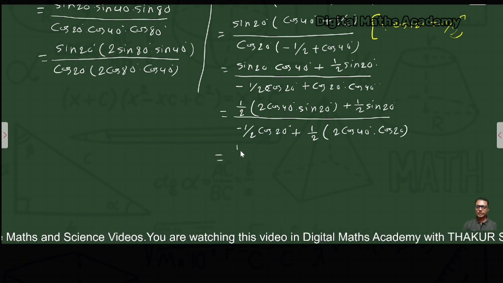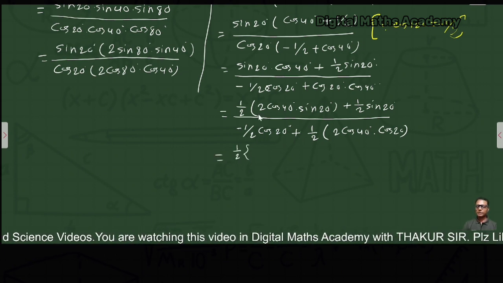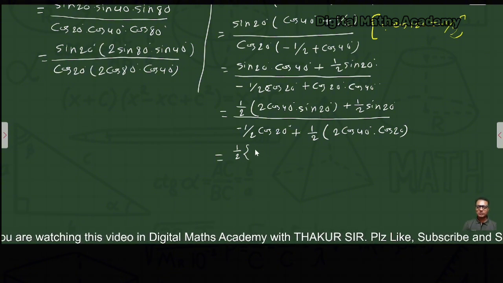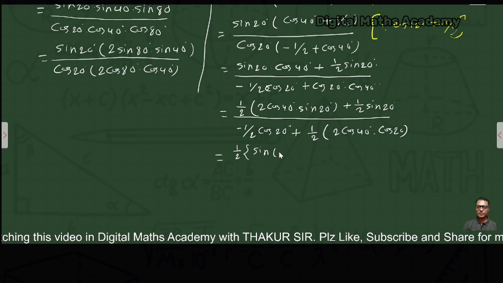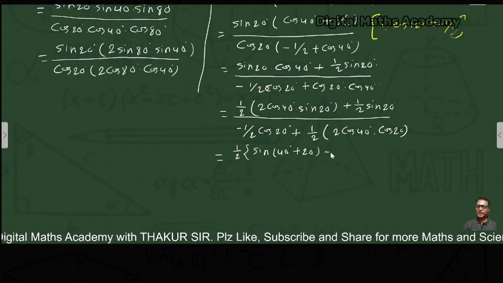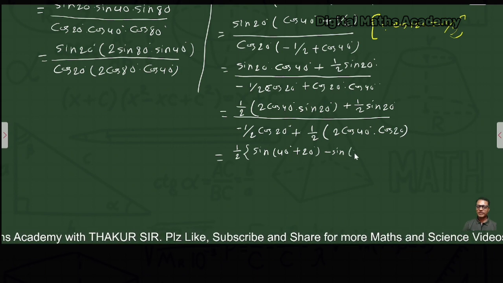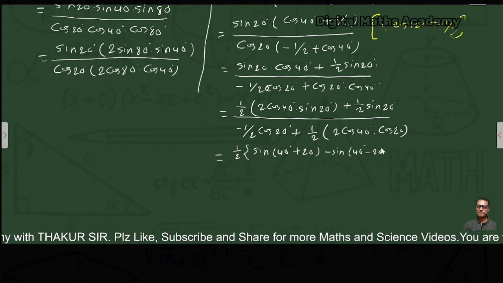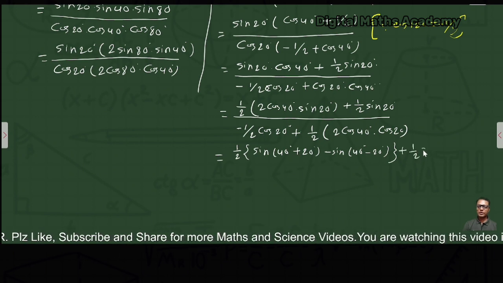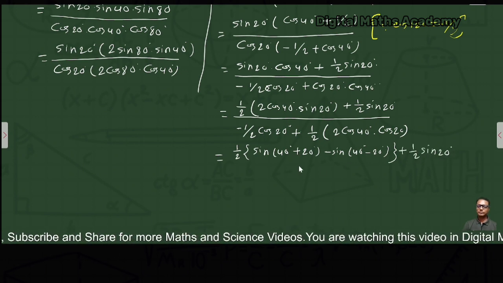So we can write 1 by 2, and in the curly bracket, 2 cos a dot sin b. We apply the formula: 2 cos a dot sin b equals sin (a plus b), that is 40 plus 20, minus sin (a minus b), that is 40 minus 20, and bracket close. Plus 1 by 2 sin 20 degree.